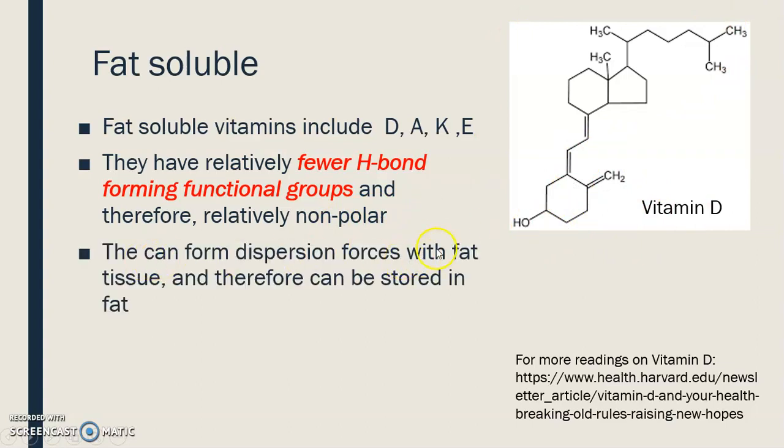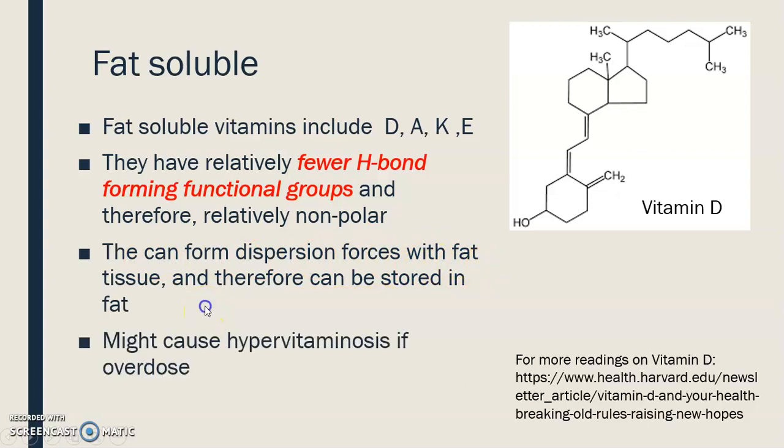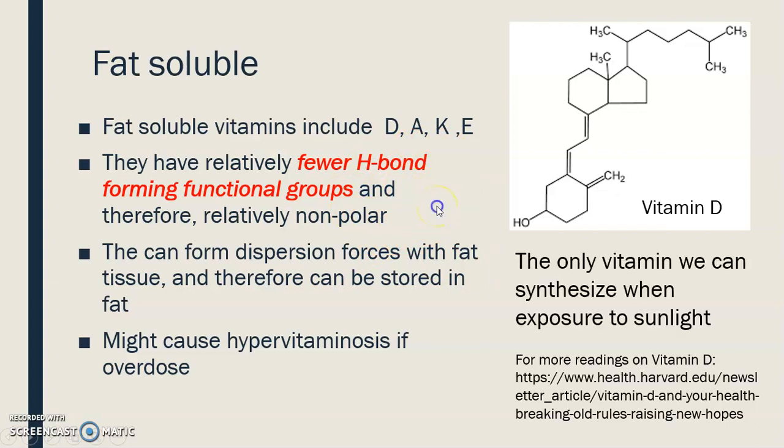So they can form dispersion forces with fat tissue and therefore can be stored in fat. Because they can be stored in fat, if we take too much of it, it might cause hypervitaminosis if there is an overdose. So we can actually overdose on vitamin D. Even if we have to take vitamin D tablets sometimes, we have to do it in moderation.